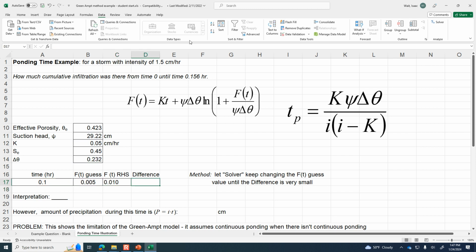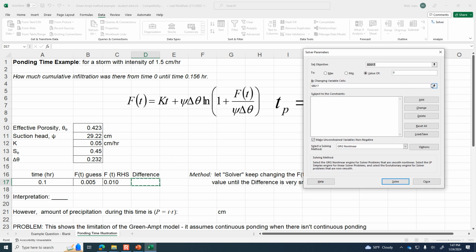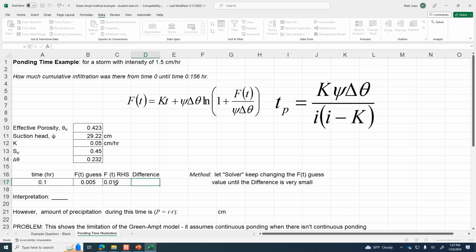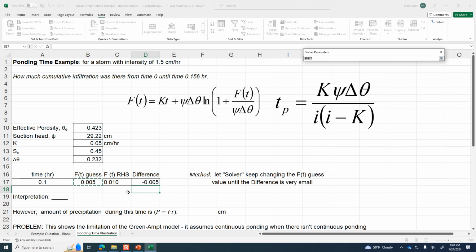Okay, and we look for the difference. We want, oh, I have to do the equation. It's this minus that. Okay. So we want the objective D17 to be 0 by changing the guess.